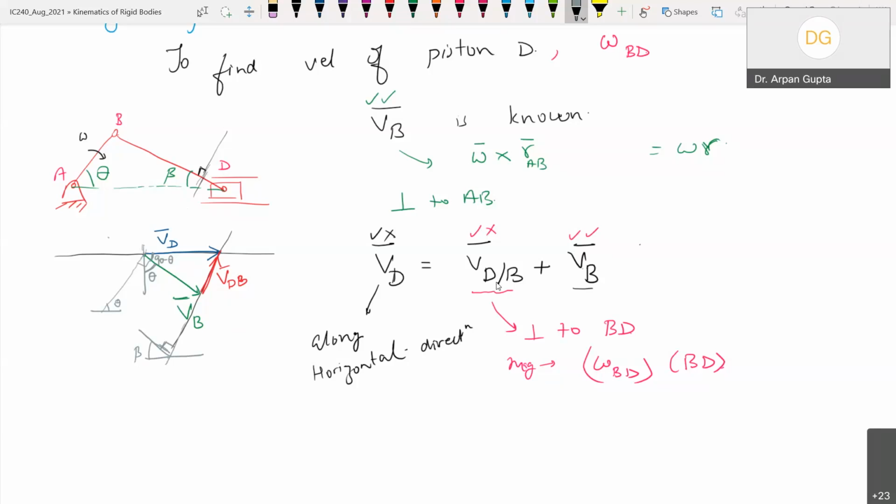This is 90 degrees. So this angle is 90 minus beta. And if this is 90 minus beta, then this angle is again 90 minus beta.